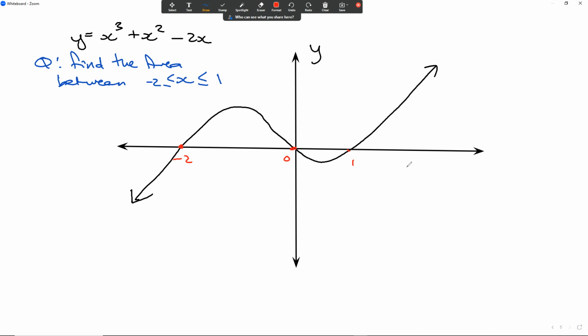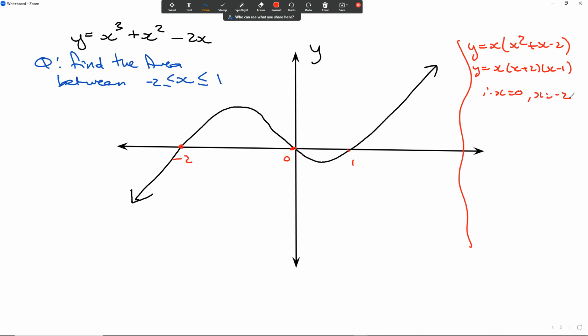All right, so looking at this function over here, let's suppose I quickly see if I can factorize this. So y is equal to, I take out x, I'm left with x squared plus x minus 2. And then I'm left with x plus 2, x minus 1. And so therefore, x equals 0, x equals minus 2, x equals positive 1.